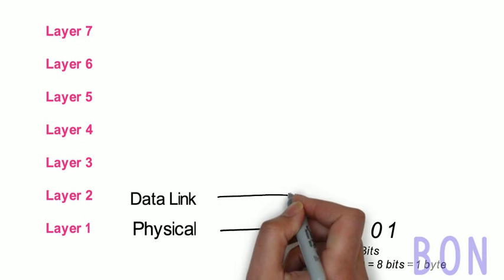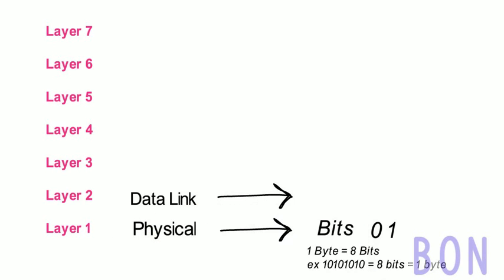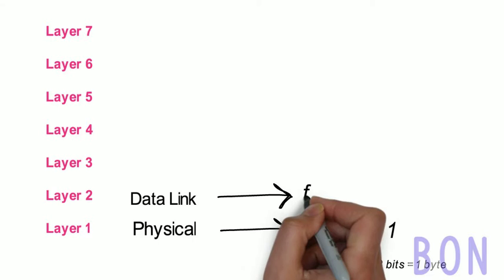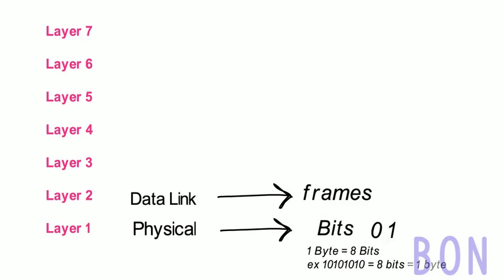The second layer is the data link layer, in which the bits are organized as frames. For example, we have multiple bits in one box. That's what's called a frame. The data link layer is used for error checking of the bits in the frame, synchronization, and flow of the data.